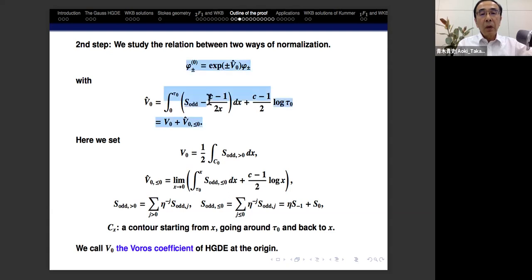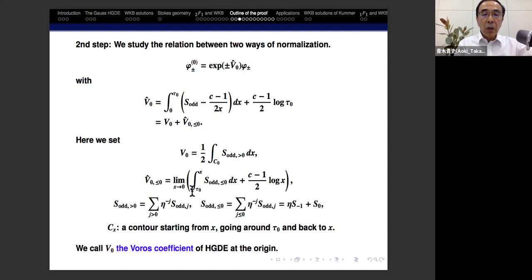And this integral is divided into two parts. The first one is V node, and this is called the Voros coefficient of our equation at the origin. And we need some additional term defined by this limit.